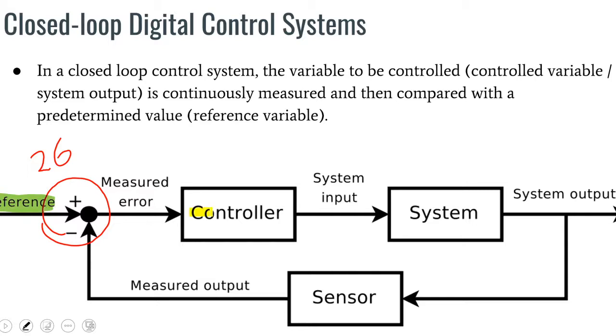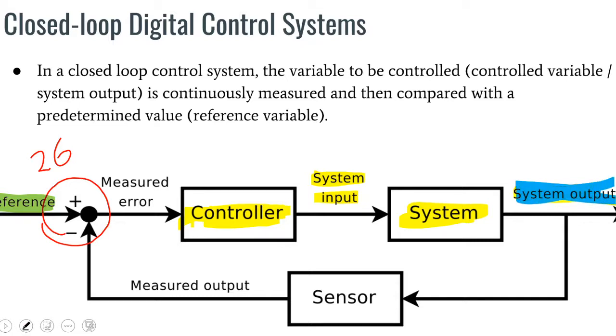Then the controller will take that reference point and create what are called the system inputs, about how fast the fan should rotate, how much the compressor should function, all those things. The controller will produce the input for the system itself. So the actual system will be controlled by the controller. Then the system will produce the output, so the changing of temperature in the room and so on will be produced by the system.